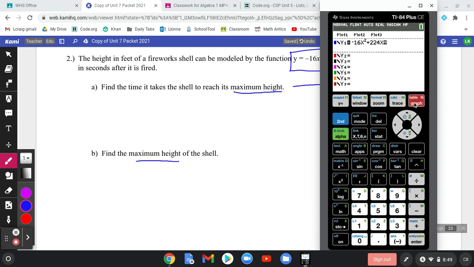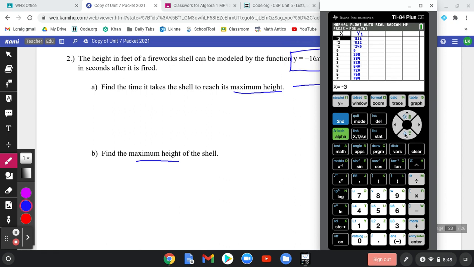We'll take a look at the table, find your vertex. Look for, I see some repeating. 640, 640, 720, 720, 768, 768, 784.